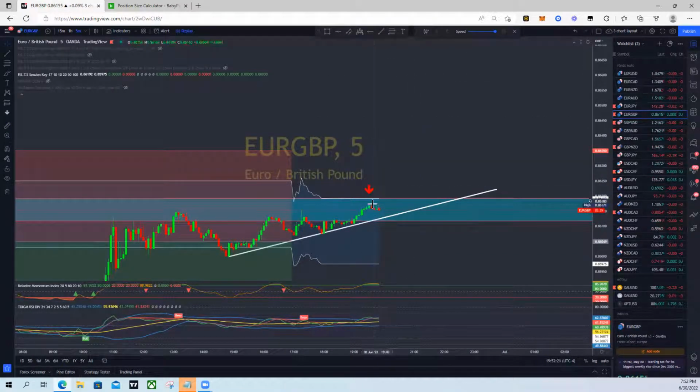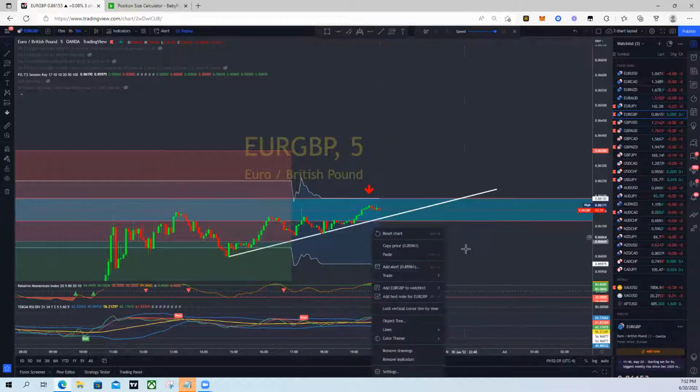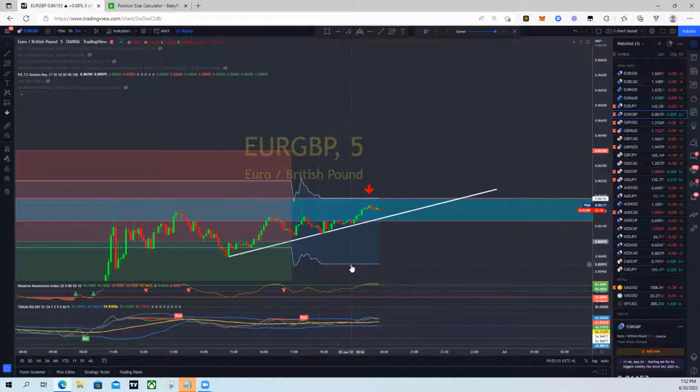If I'm taking trade A with a 5 pip stop loss, my lot size might be 10 standard lots, which is $100 a pip. So when this goes 20 pips, I made $2,000. If you're taking a trade and your stop loss is 20, you're doing two standard lots.